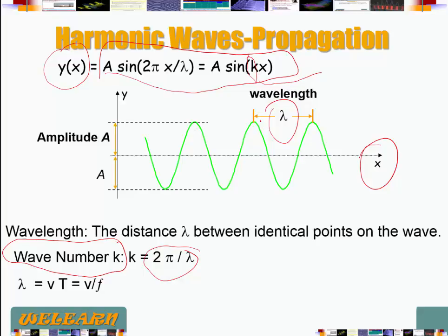So it's again the distance in this case between crest to crest or trough to trough or any identical point of the wave to the next identical point. That's a wavelength. The amplitude has the same definition, the height of a crest or the depth of a trough. And we can measure the amplitude from the equilibrium position.